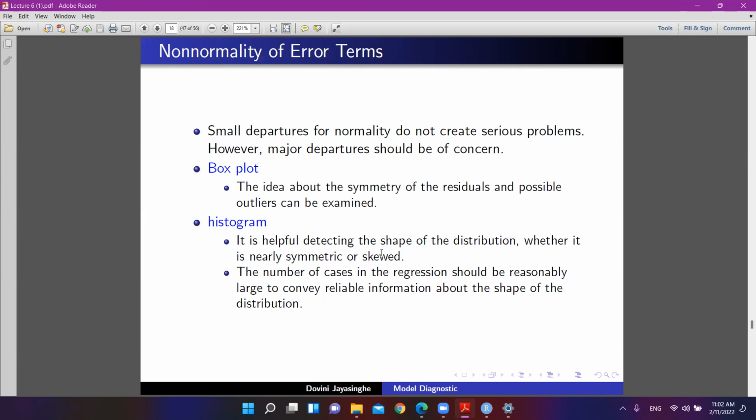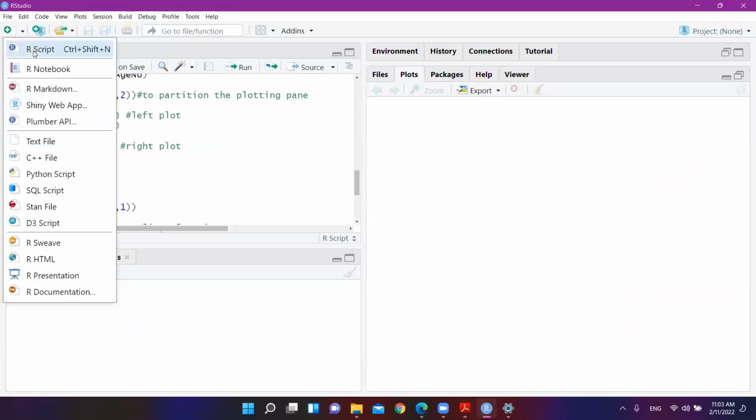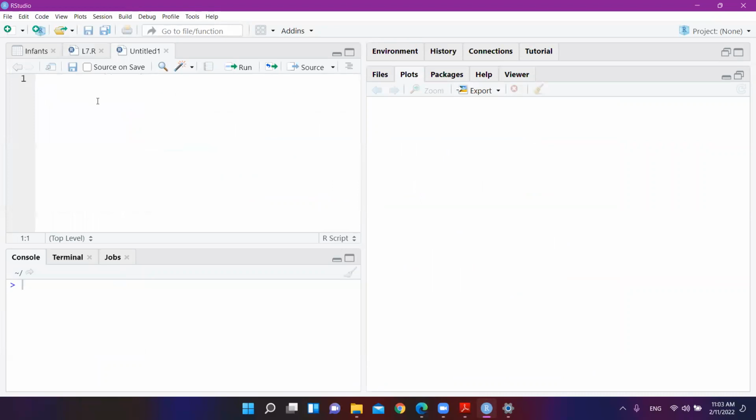But if you have a histogram with a sample size of, say, 1,000, then you can simply get the curve, right? Don't worry about the code. I'm just trying to give you some idea.